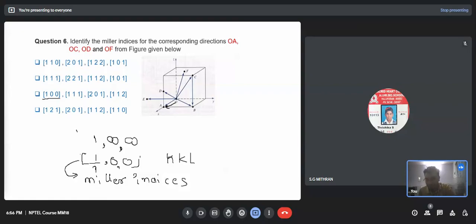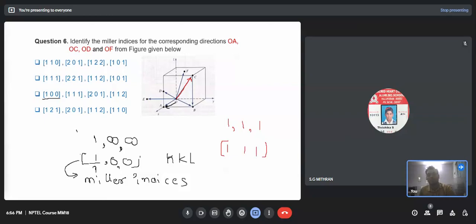Here you can see the intersecting point for C is 1 at the x-axis, 1 at the y-axis, and 1 at the z-axis. Taking the reciprocal, the values will be the same.